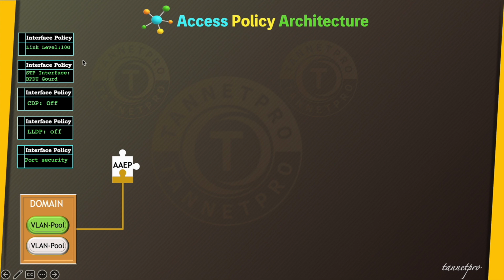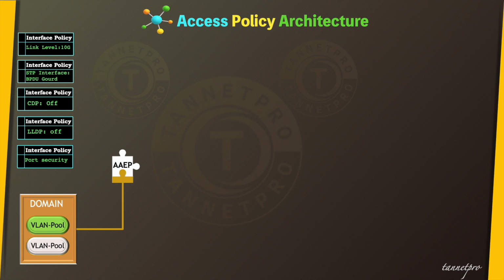Link level, which we configure as speed; spanning tree, BPDU guard, which we enable on the access interfaces; CDP on or off, LLDP on or off, port security. These are the kind of policies we configure, which in legacy we do by CLI. Here we configure them as policies.